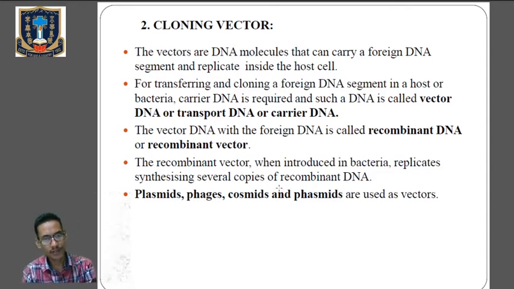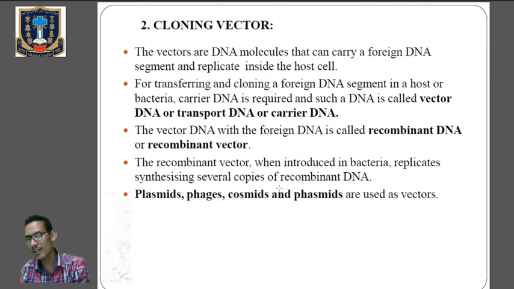Clear? Simply, for example, like for going from Pakyong to Gangtok, we require a vehicle, right? So here that vector is like a vehicle which will carry the segment of DNA from Pakyong to the host, that is Gangtok. So it's mainly an intermediate which is carrying the segment of DNA. So for transferring and cloning of DNA, we require a carrier DNA, and that carrier DNA is simply the vector.